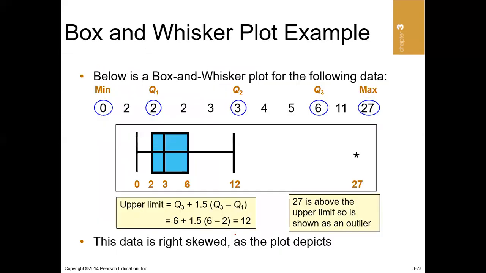So let's look at this example. The set of figures are 0, 2, 2, 2, 3, 3, 4, 5, 6, 11, and 27. Now remember that in this set there are 10 figures. So for the 25th percentile times 10, the 25th percentile will be the 2.5 position.